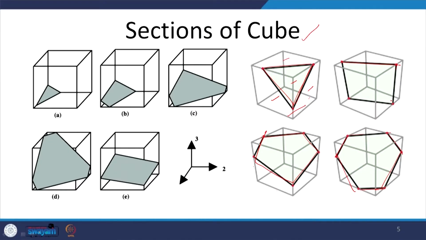So, depending upon where the plane is passing, if it is passing through 3 surfaces, we see a triangle; 4 surfaces, we see a rectangle or a square depending upon how the plane is passing; 5 surfaces, we see a pentagon; 6 surfaces, we see a hexagon. This is what we are going to see when the cube is being cut.